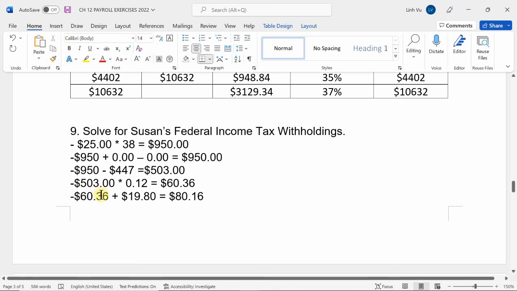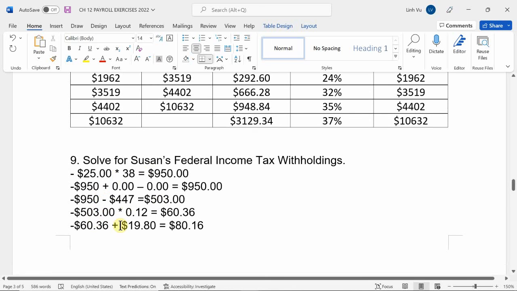This $60.36 is what we calculated in excess of what she's earned. The government lets you keep $447, no tax.